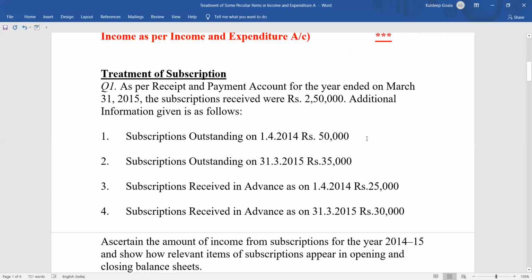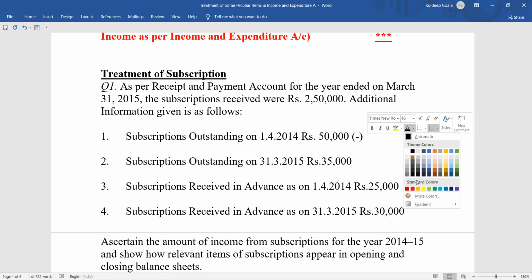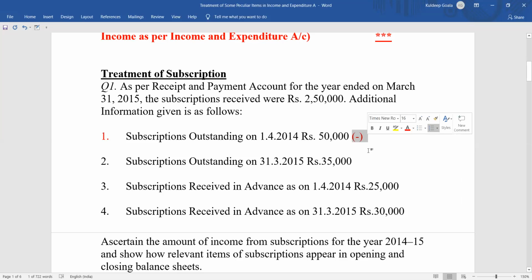That means the whole 50,000 relates to last year and has been received in this year, so it will be deducted. The whole amount will be deducted. Why will it be deducted? Because it is related to last year, and it is not told how much we are going to receive, so it will be deducted as a whole.